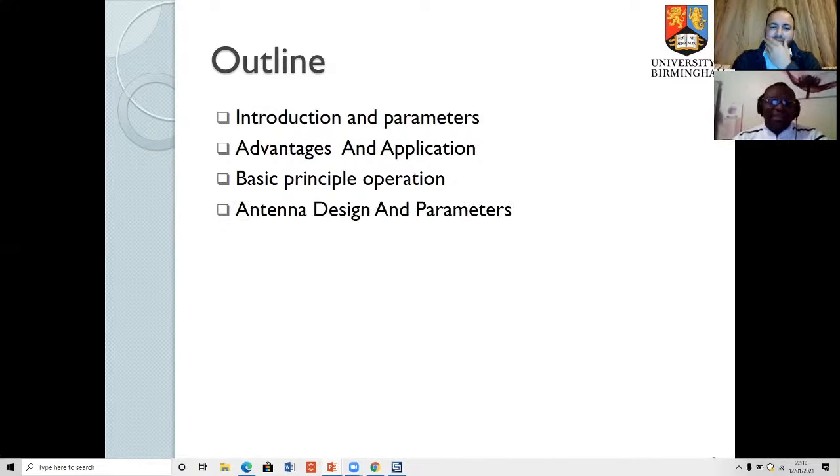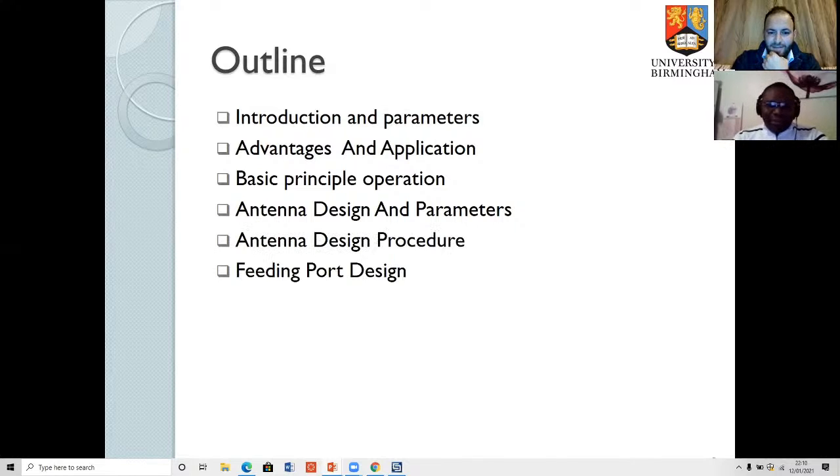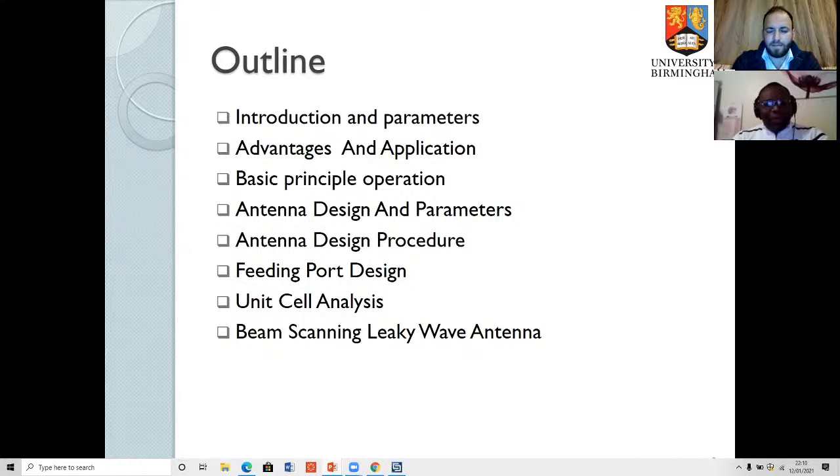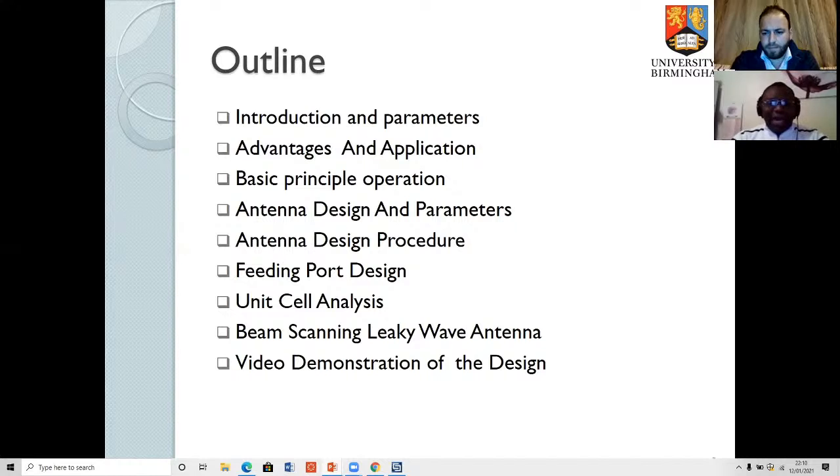Fourthly, the antenna design and parameters, the antenna design procedures, and the feeding port design, which is very important. Then we'll look at the unit cell analysis, and again at the beam scanning leaky wave antenna. This is the area which will benefit most of the engineers who want to take this particular project on board. And finally, we'll look at a video demonstration of how this antenna was designed.